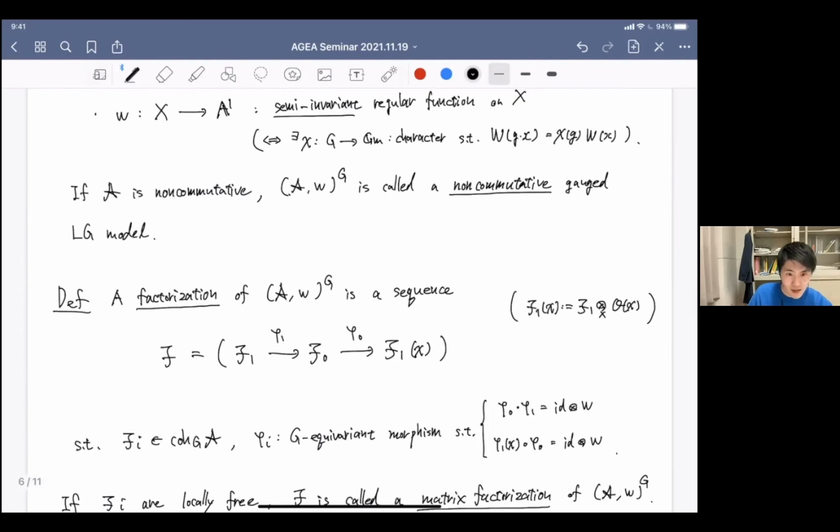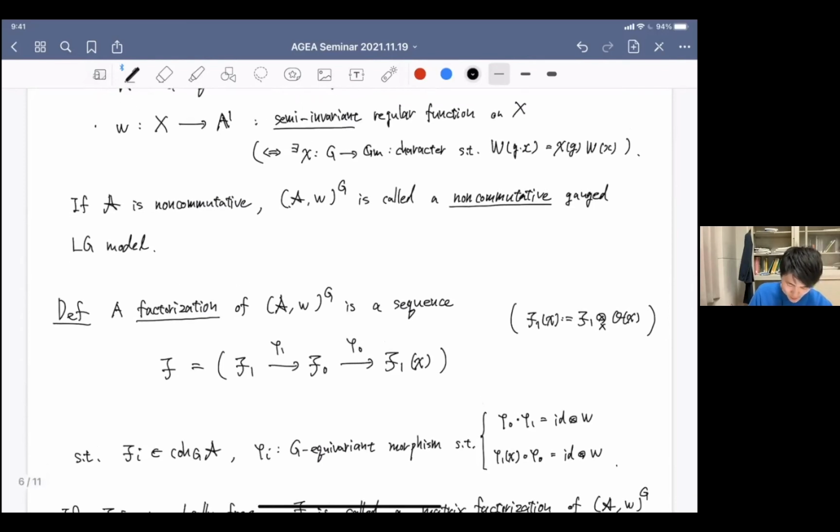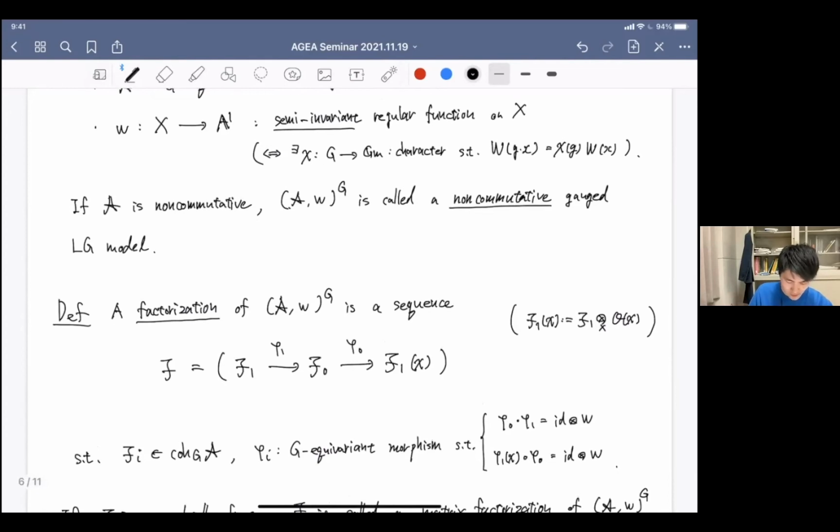So for a gauged Landau-Ginzburg model, a factorization of this LG model is a sequence F, which consists of F1, F0, and phi1 and phi0.